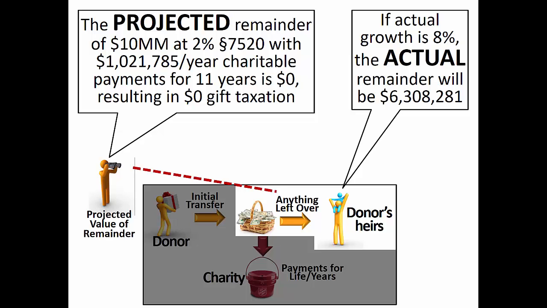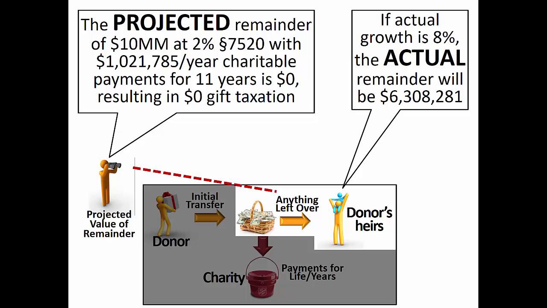But because $0 is projected to go to the heirs, there are no gift taxes. Any amount that actually goes to the heirs due to growth above the initial Section 7520 interest rate also avoids taxation because the gift tax of $0 has already been paid.